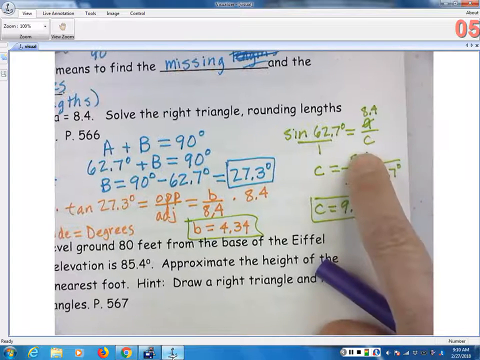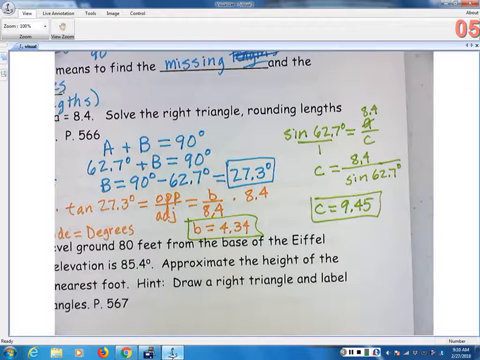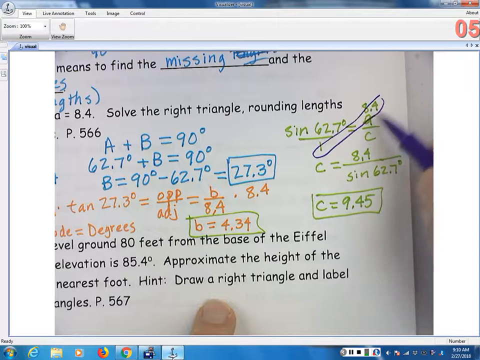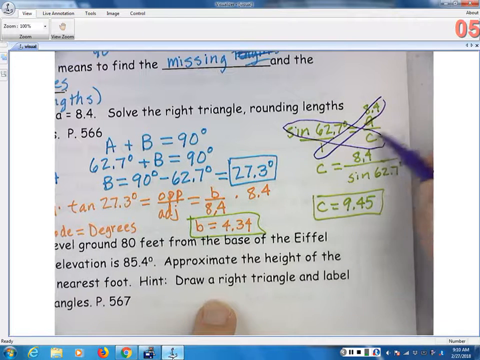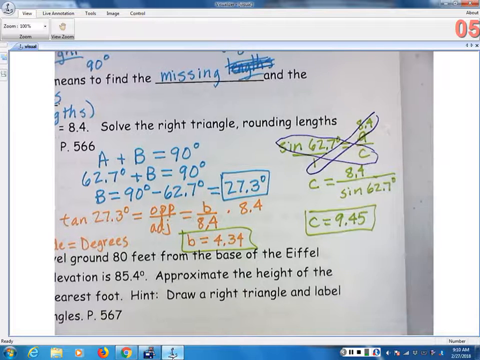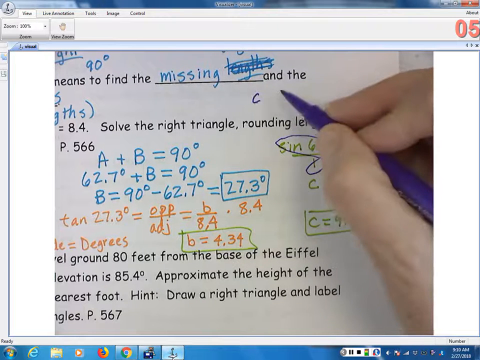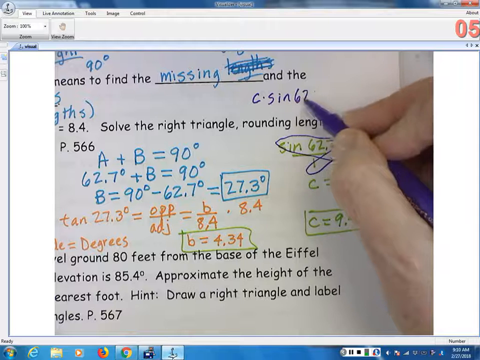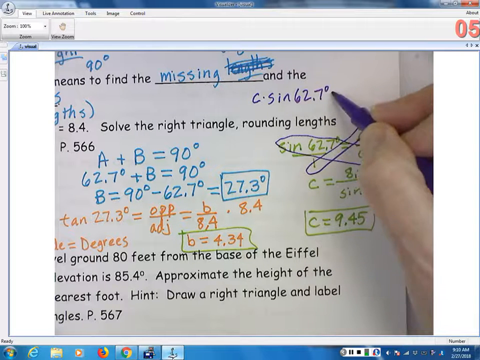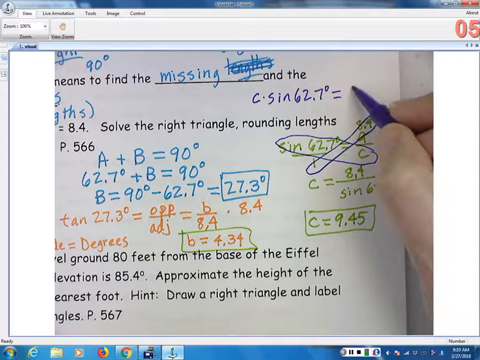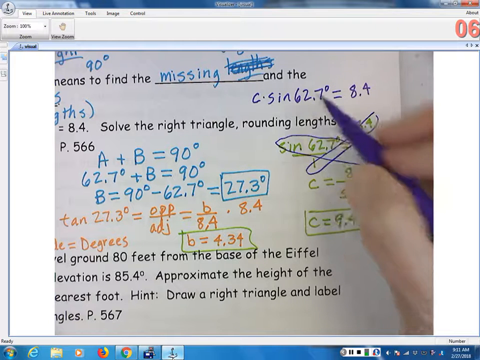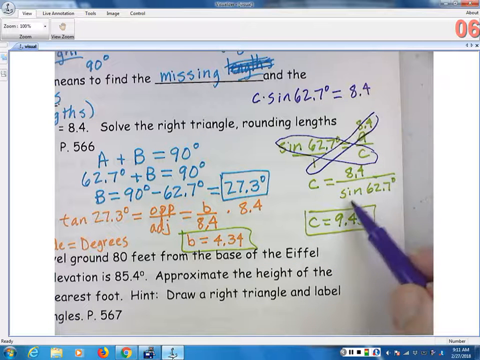You could cross multiply: c times sine of 62.7 degrees equals 8.4, and then you divide by sine of 62.7. And that's what you get.